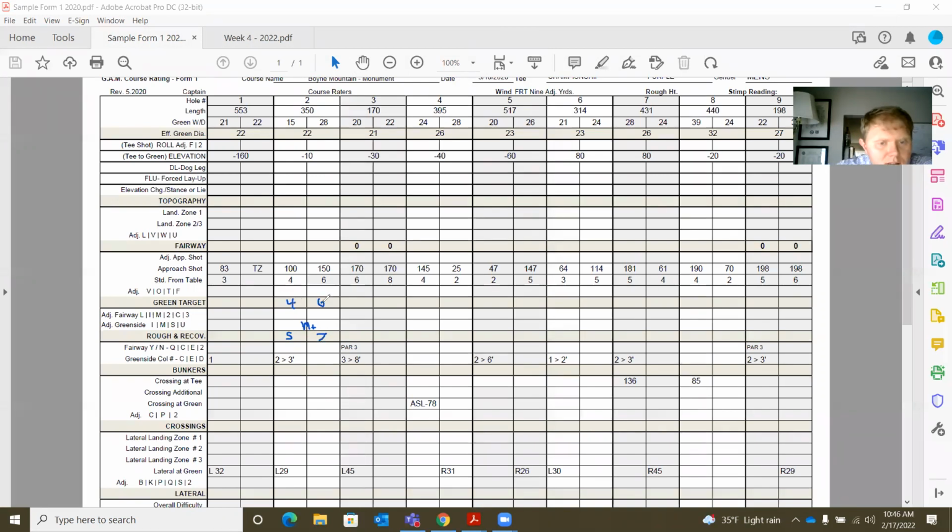It doesn't always turn out the same as the green target number, it just did in this example. But that's how you look that up and get to your R&R numbers. If you didn't have an adjustment, it would just be 4 and 6 because we're just plussing 1 here. If we had a minus, obviously we're going to subtract from the number.